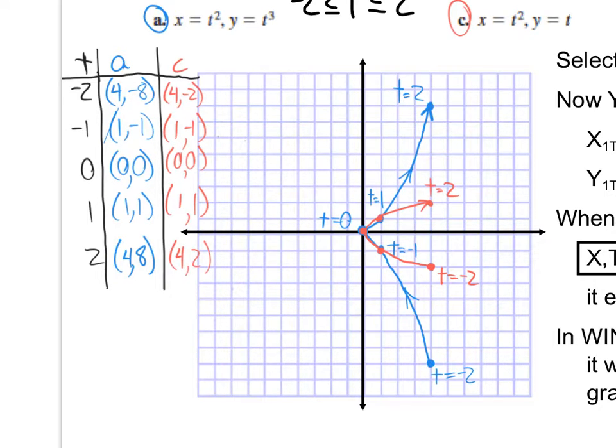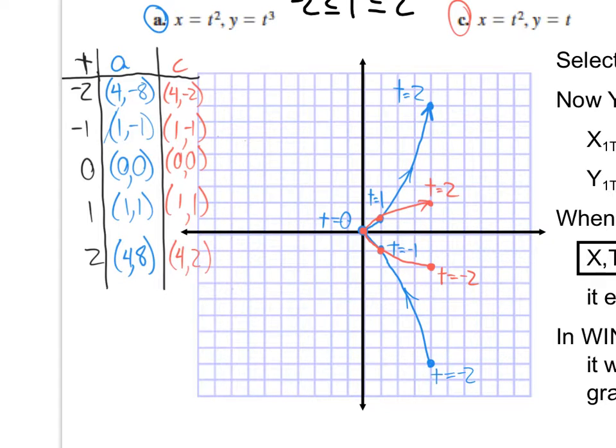Now the other thing here is if you hit trace, notice you're given a time, a value of x, and a value of y. And if you plug in a different time, like say 0, remember before if you hit trace you could type in a number and it would go to that value of x. In parametric mode you type a number in and it goes to that value of t.